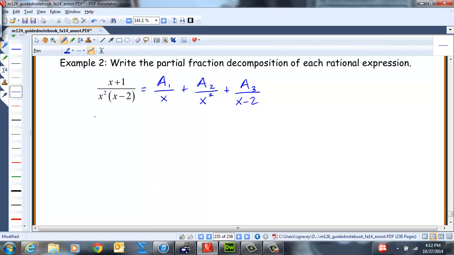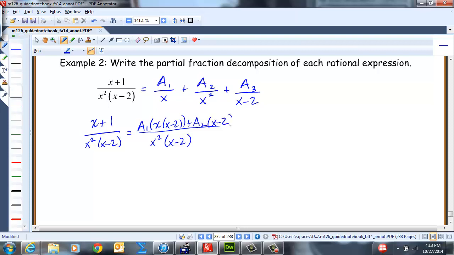So we'll have (x plus 1) over x squared times (x minus 2) equals, so we're looking to get a common denominator of x squared times (x minus 2). So the a1 is missing the x times the (x minus 2). a2 is just missing the (x minus 2).